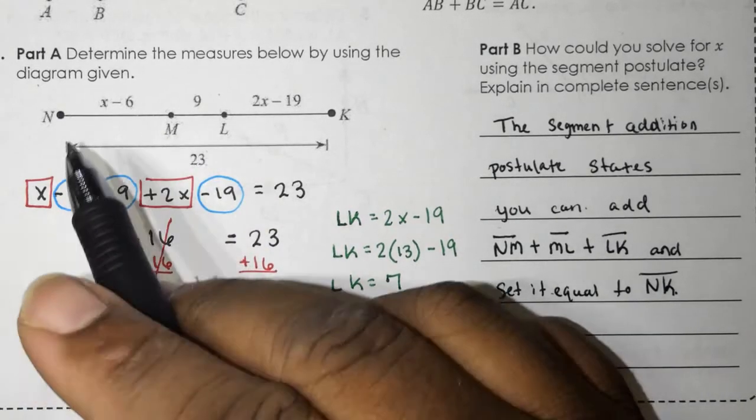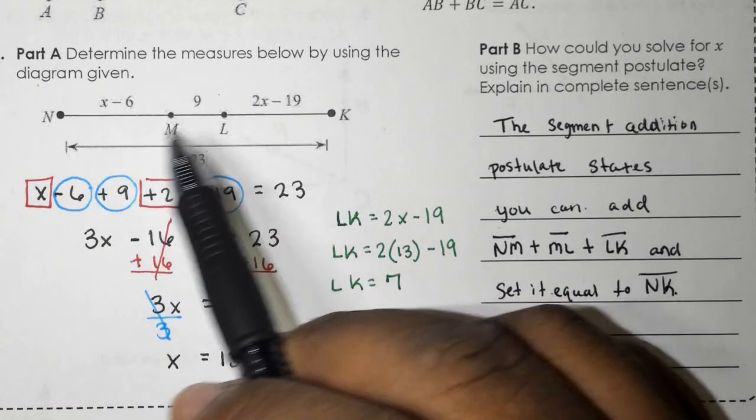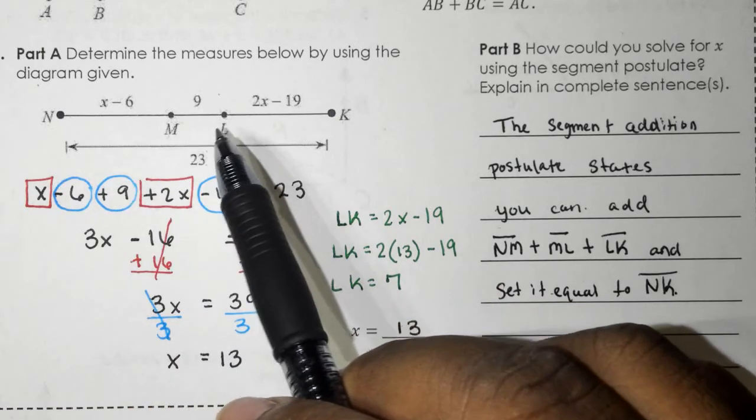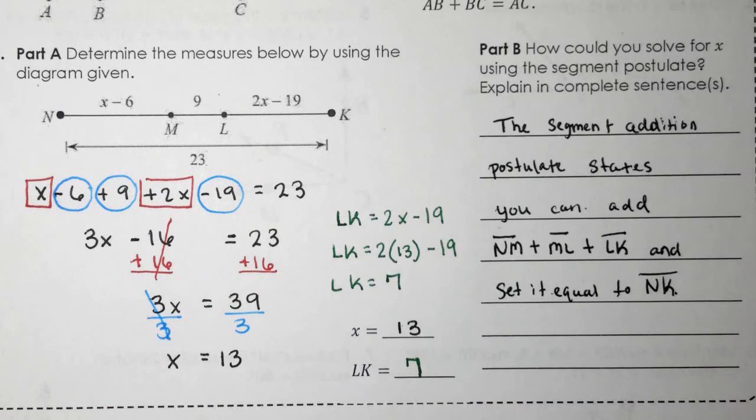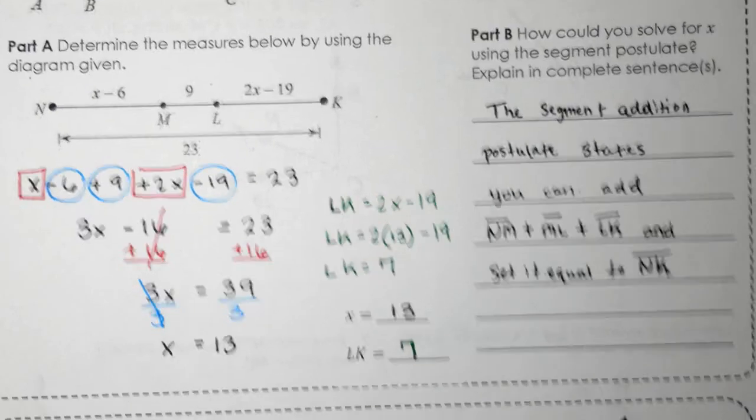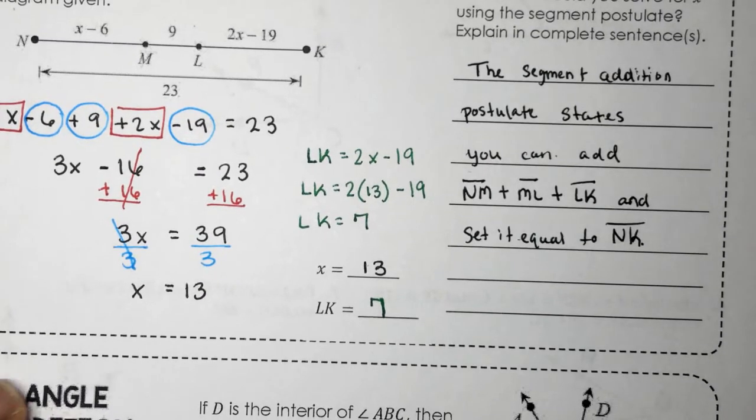I'm just writing in words what I've seen over here in my segments. Add NM plus ML plus LK, set it equal to the whole thing, which is NK. So moving on. So that's recap. That's what we already know.